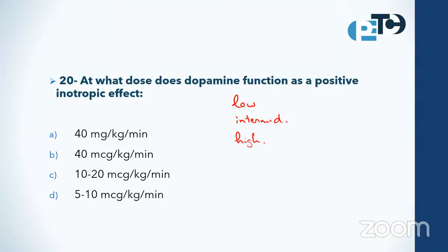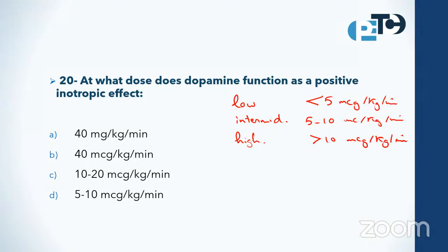The lower dose is below 5 microgram per kg per minute. Intermediate is between 5 to 10 microgram per kg per minute. Higher dose is over 10 microgram per kg per minute.